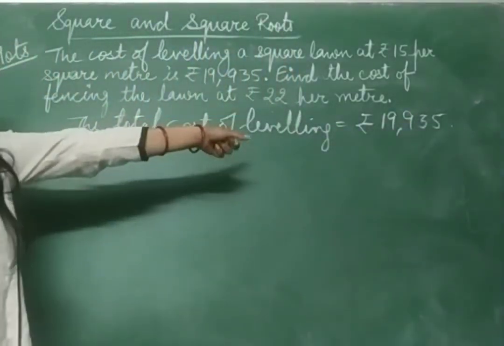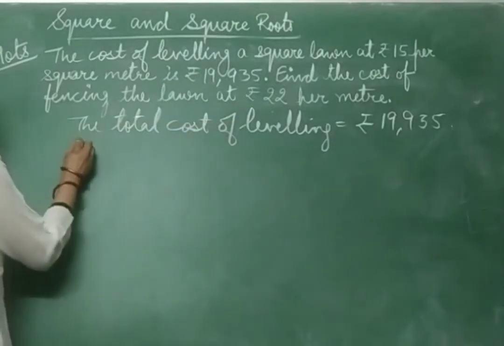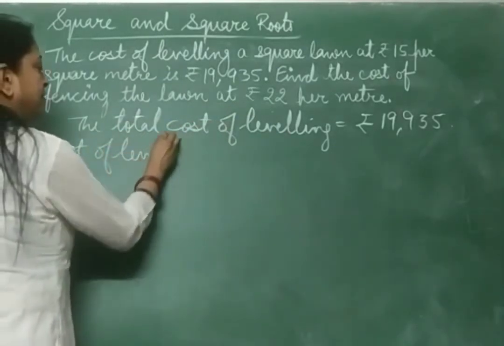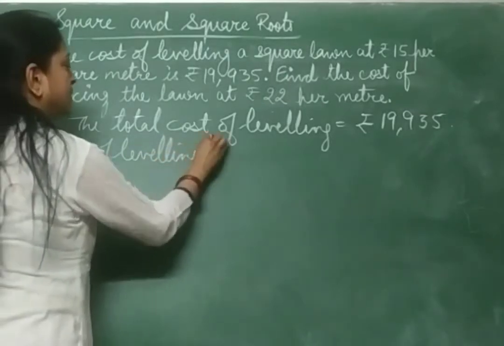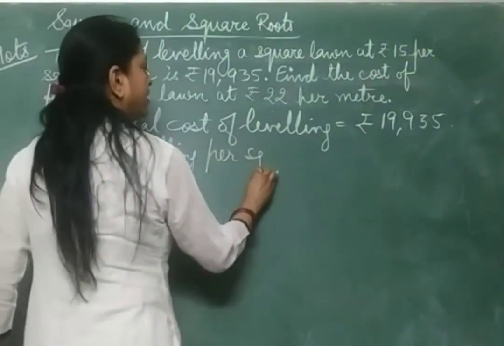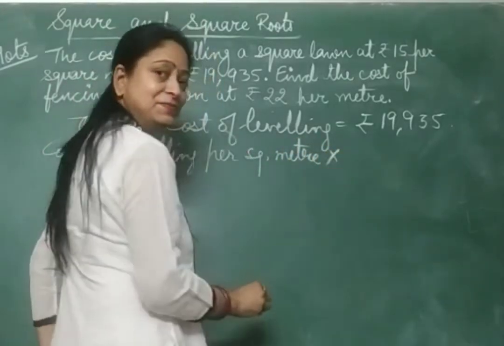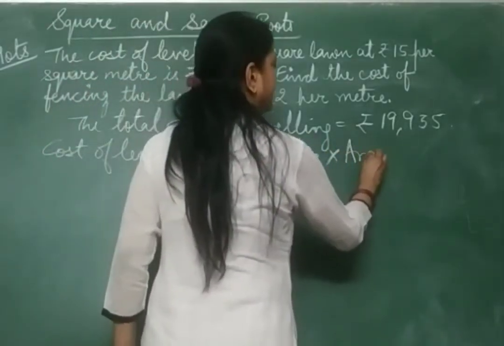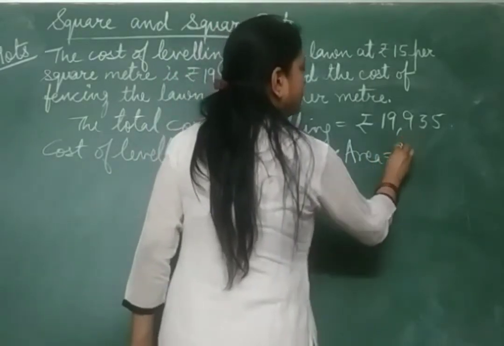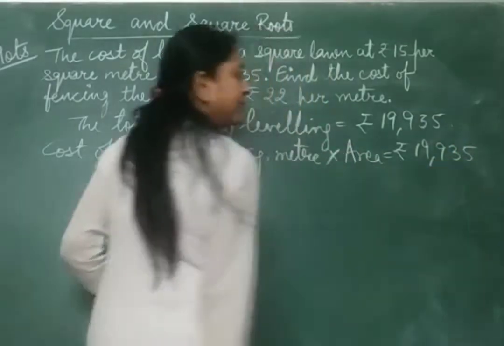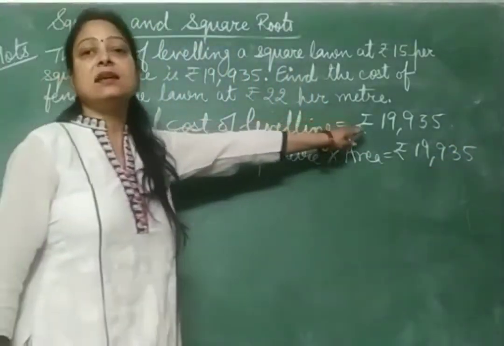And to find the total cost of leveling is equal to cost of leveling per square meter times area is equal to rupees 19,935. हमें ये टोटल कॉस्ट कैसे निकाली होगी?